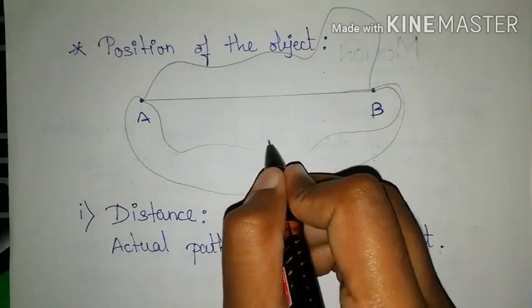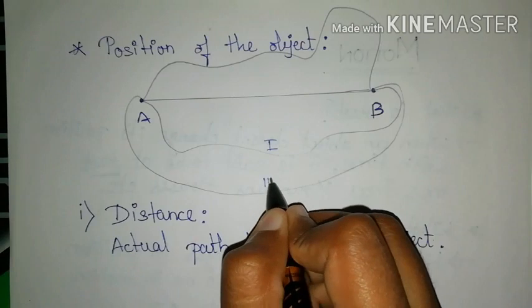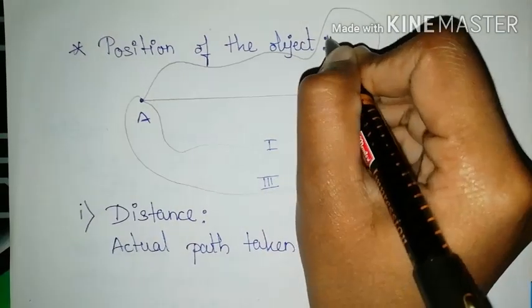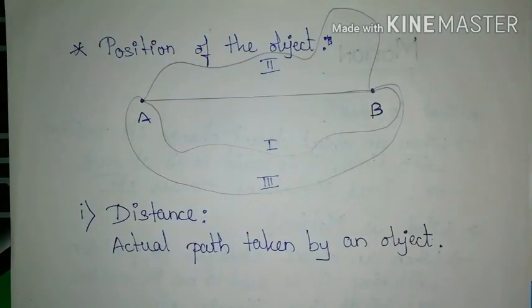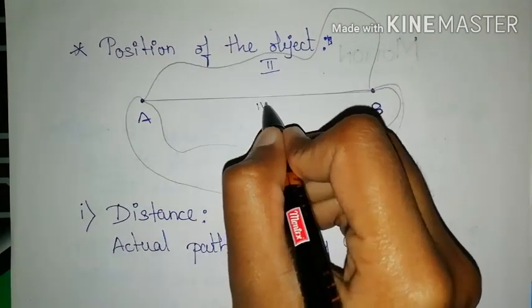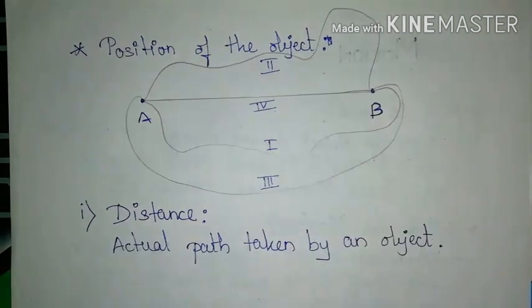In the figure, the path 1, path 3 and path 2, all these three paths represent the distance covered by an object, whereas the fourth path, that is the straight line, is known as displacement. This is the shortest path taken by the object between any two positions, and from one point to another point, the shortest path is definitely a straight line.